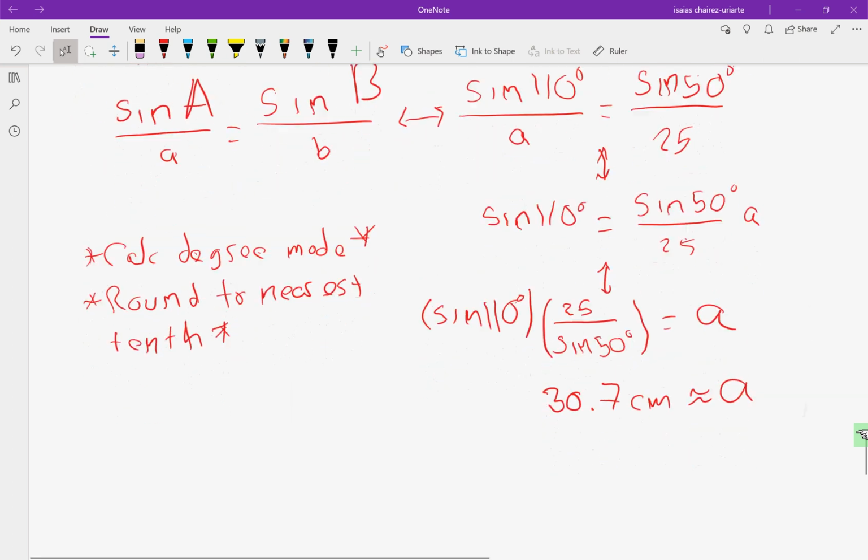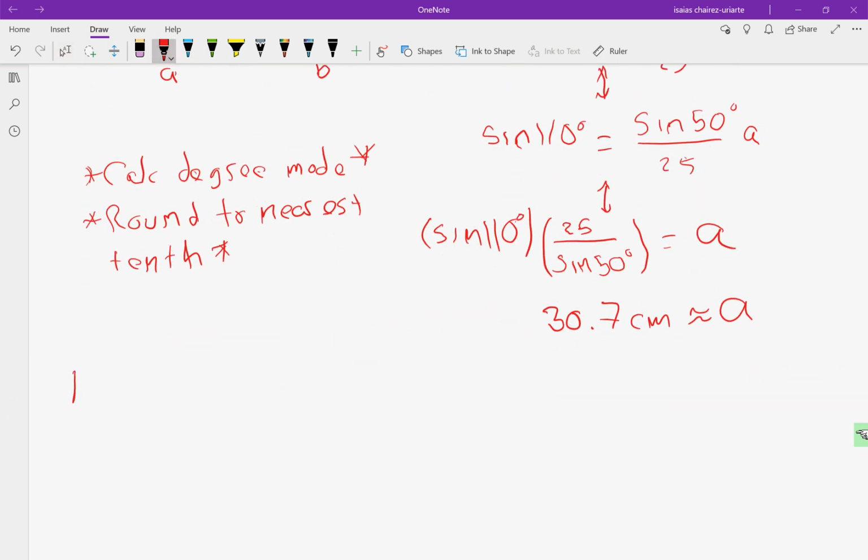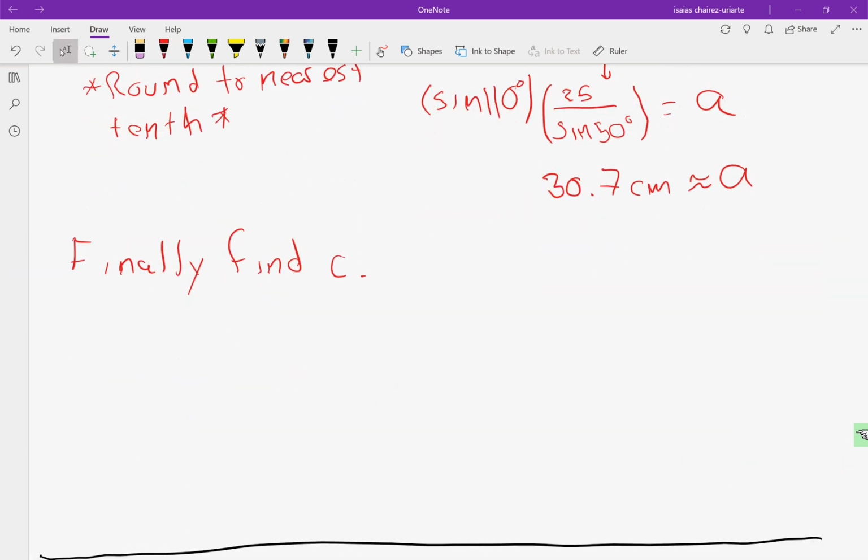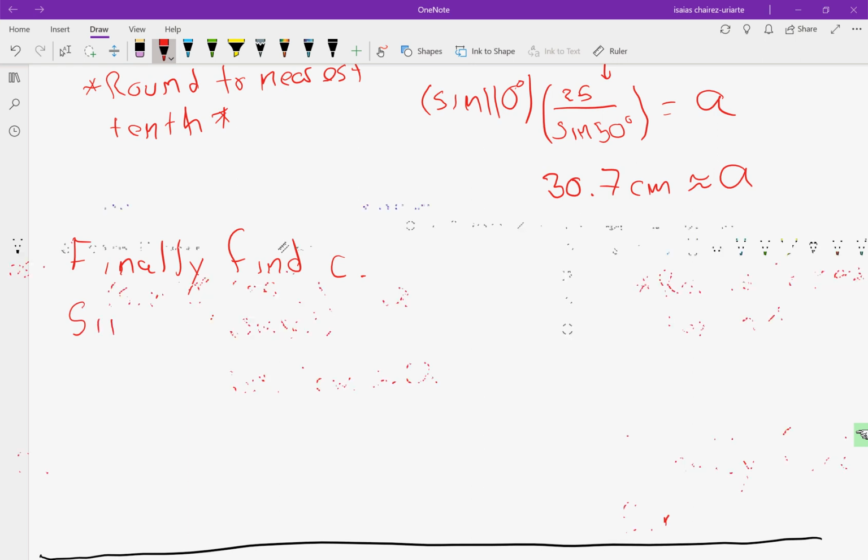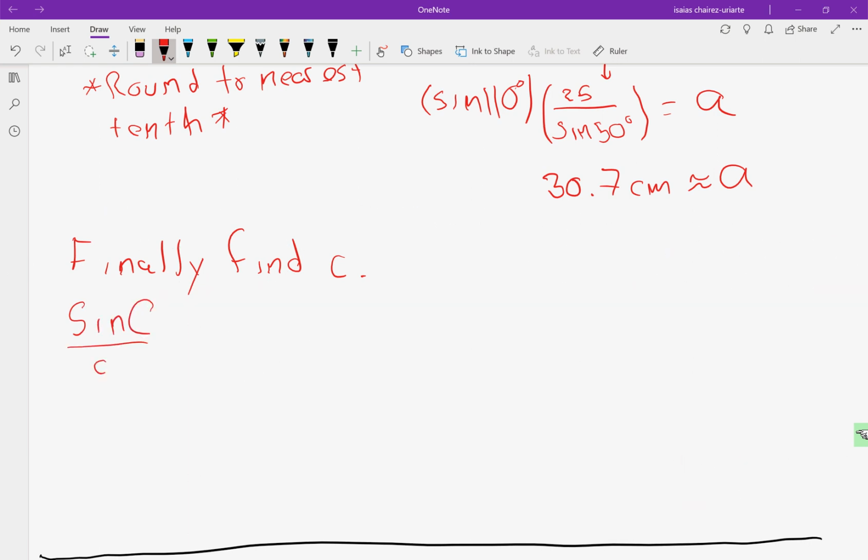So we found A, and finally, let's find C. I'm going to say sine of C over C is equal to sine of B over B. I guess at this point you could have also used sine of A over A. It doesn't matter, because whatever information you have, we should get the same thing.